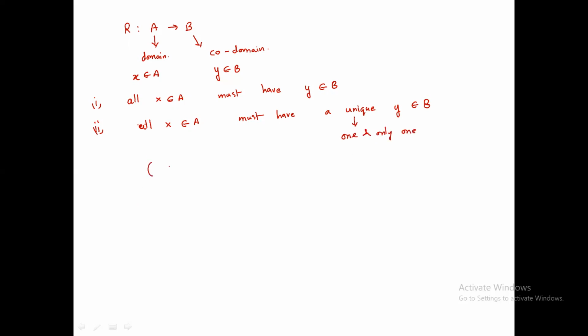Suppose if you take X as 1, it must have only one Y, 4. One cannot have another Y, only one Y. So this is what I mean, the two rules.